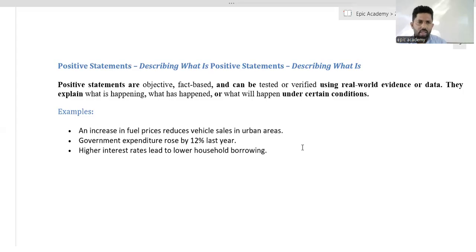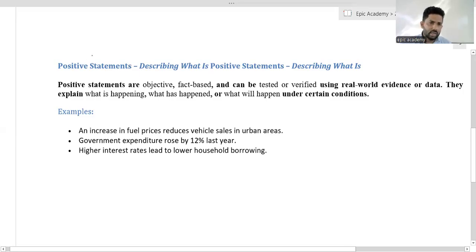They explain what is happening. In a positive statement, we explain what is happening in the economy and what happened. So now you can identify that a positive statement describes the present time period, and it also describes the past time period.